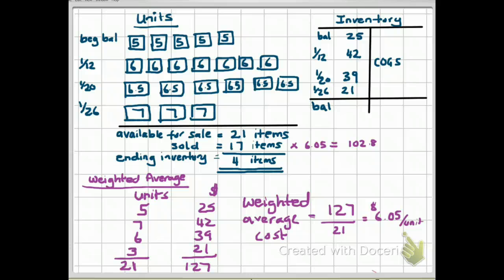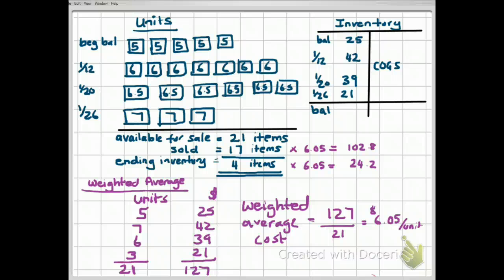That gives you $102.80 as the valuation of your cost of goods sold. Now we got 4 units in our ending inventory. How much are those 4 units going to be valued at? Again, you multiply that by the average cost, which was $6.05. So your ending inventory is going to be valued at $24.20.